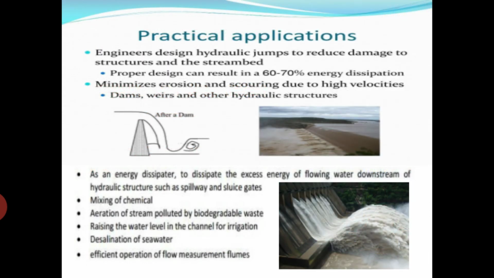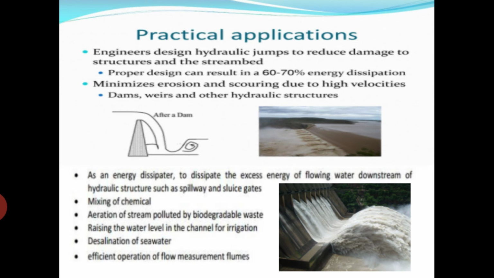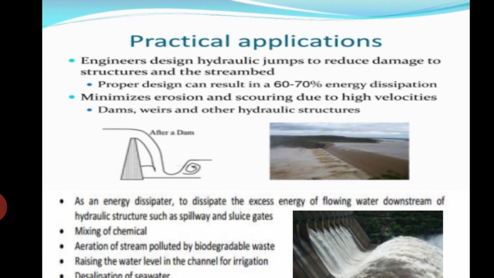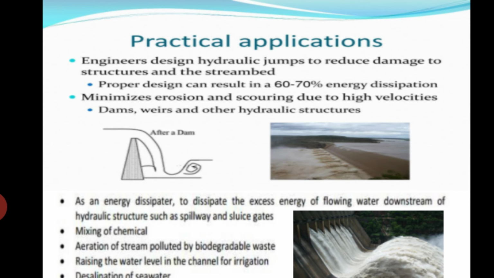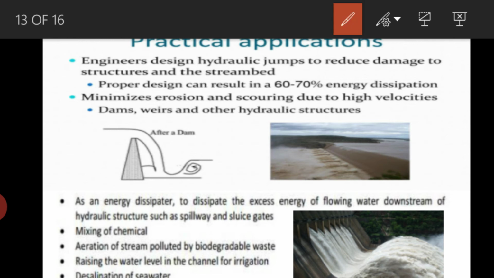So let us discuss the practical applications of hydraulic jump. Engineers design hydraulic jumps to reduce the damage to structure and the stream bed. If you take this dam section, when the water is flowing over the dam, as I said, it will have a huge kinetic energy.